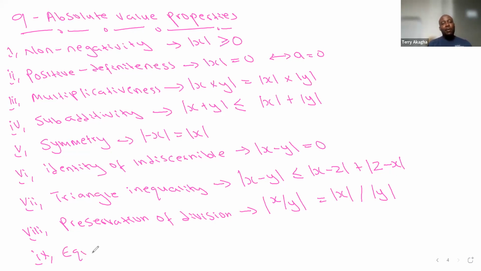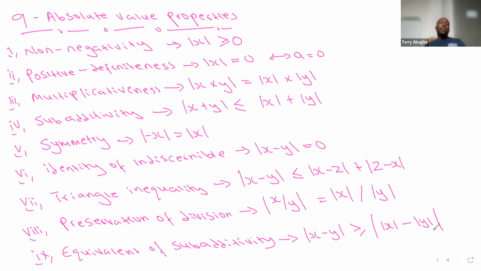Here it is the same thing: the absolute value of x minus y will be greater than or equal to the absolute value of x minus the absolute value of y all together. So these are the 9 absolute value properties.